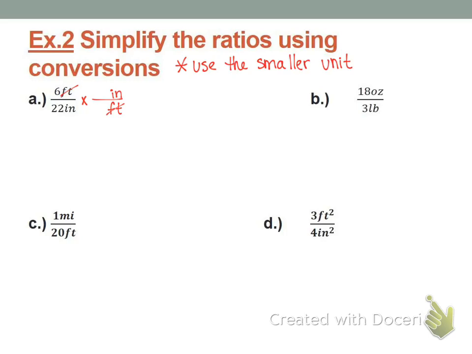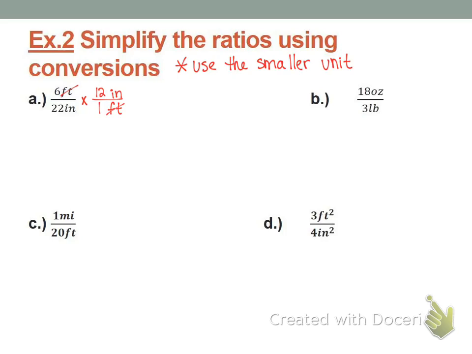But we have to fill in these numbers. How many inches for how many feet? 12 inches for 1 foot. Questions about how we're setting this up? Okay, similar to chemistry, not exactly the same because we are keeping our smaller unit of inches.